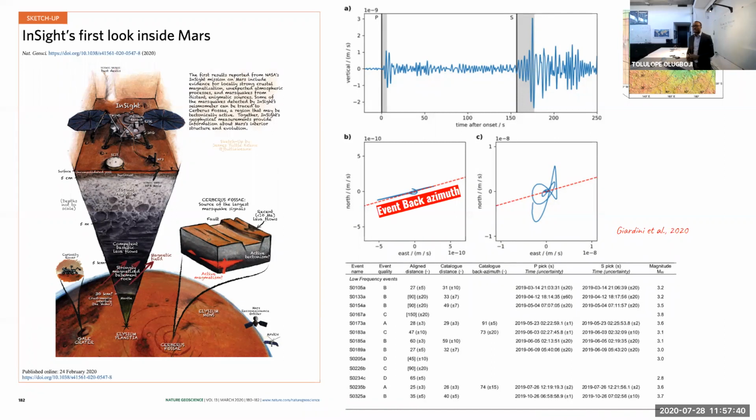This is really cool stuff coming out of the planetary seismology community, and polarization analysis was used in this case. In fact, the location of a Mars quake could not have been possible without tools like this. Any questions?